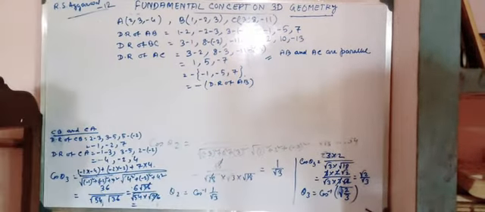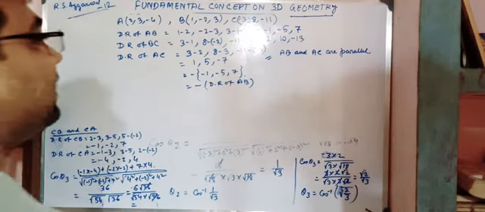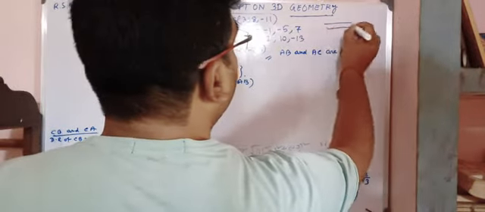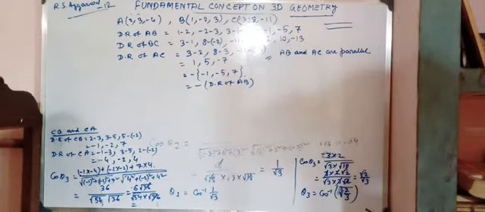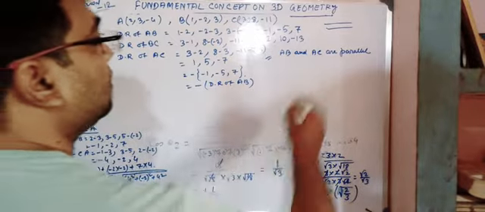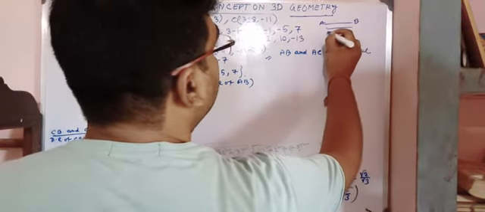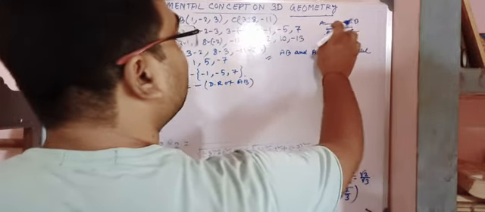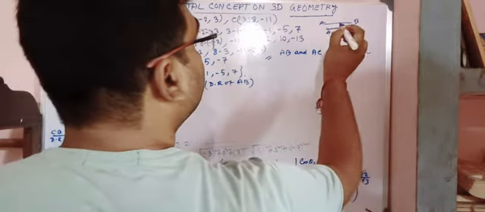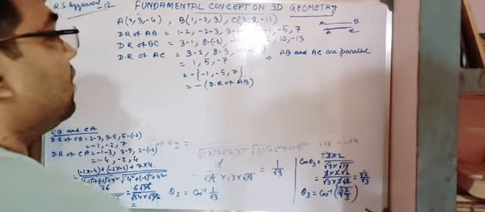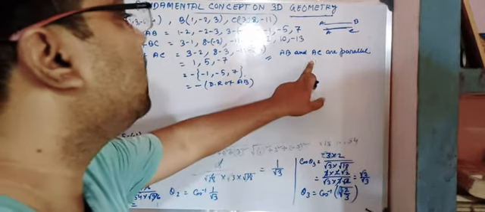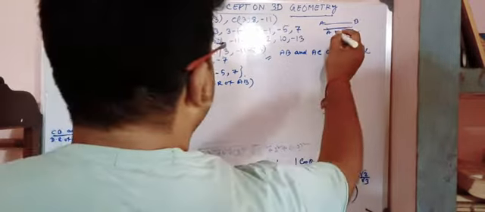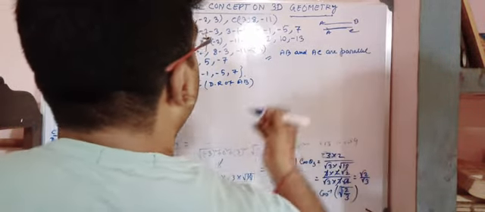Now since AB and AC are parallel, and they have a common point A, so we can say that these are collinear. Why are they collinear?